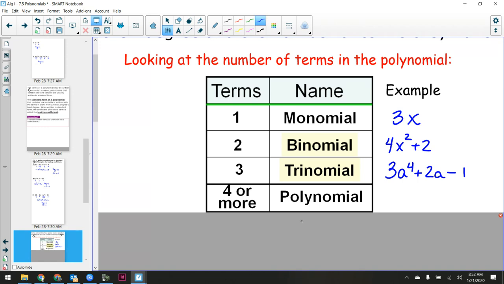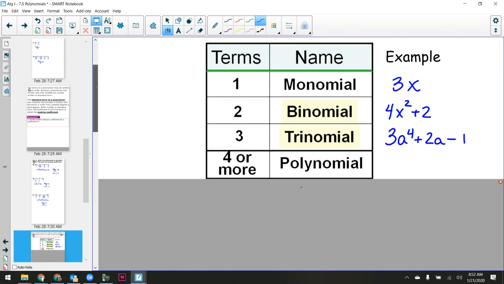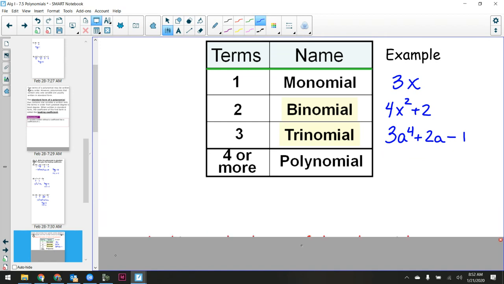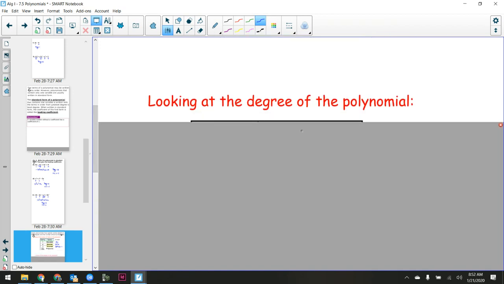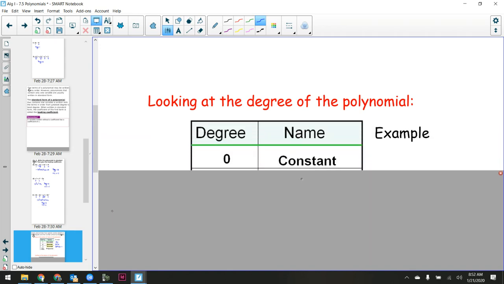That's it. Okay, so we not only have the number of terms, but we also have the degree of the polynomial. Now this is where it starts to get fun. Monomial, binomial, trinomial, that's pretty straightforward. Here's where it starts to get a little fun. If it's a degree of 0, you call it a constant. Constant.